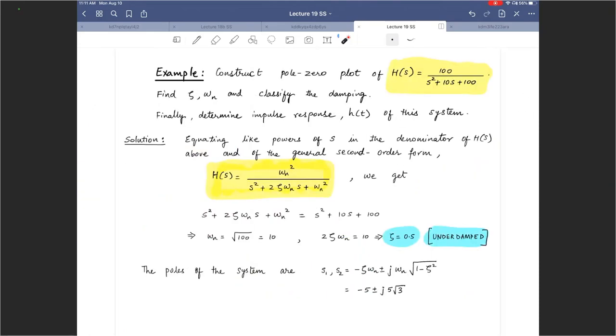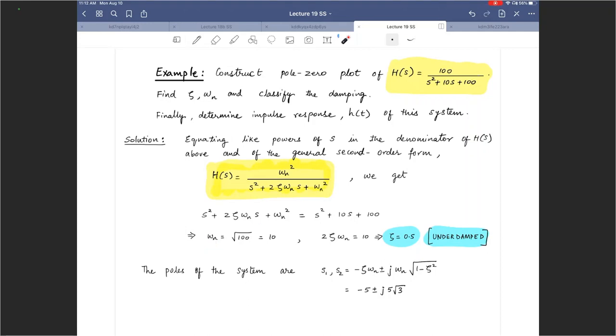Let's see. So by comparing coefficients of the denominator, we have found zeta, we have found omega n. By observing the value of zeta, because it's between 0 and 1, we know that it's an underdamped situation, which means that there is going to be some damping, but there are going to be oscillations as well, right? And those oscillations will happen at omega n multiplied by square root of 1 minus zeta squared.